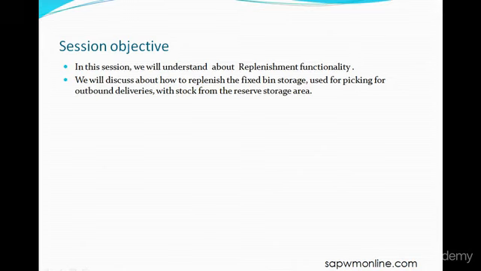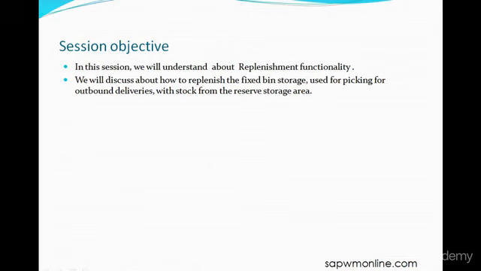We would also have a reserve bin for this material, which acts as reserve stock. Whenever the fixed bin is full, we stock the material in the reserve bin, and whenever the fixed bin quantity falls below a particular minimum quantity level that is defined for this bin, we replenish this fixed bin with stock from the reserve bin.